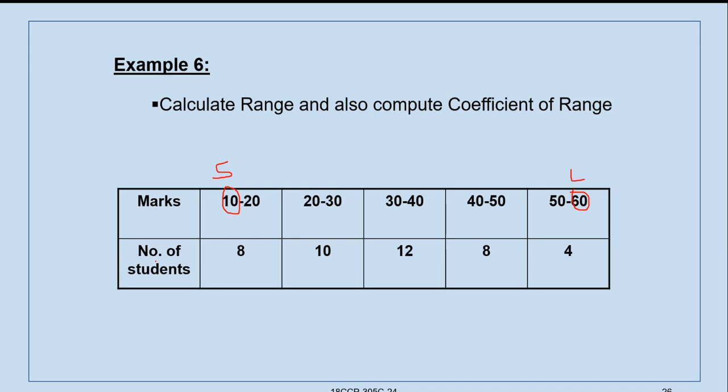And we have also seen calculation of averages basing on the frequencies. So they are more reliable than this range. Of course, in the coming measures of dispersion, we will be using frequency. Only in range, we will not use frequency.